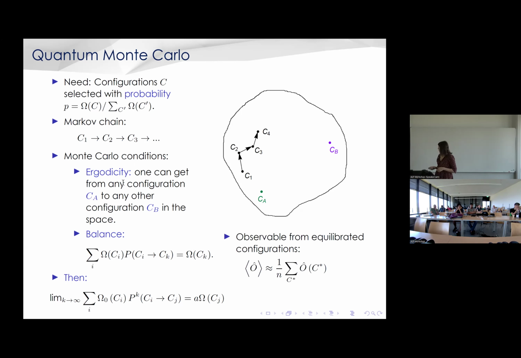And so then if we think about after they're equilibrated, we could represent these as, say, C star. And then you can compute the observable with these equilibrated configurations. And then if you just add up the observable and take this average, let's say for n of them, then basically through the central limit theorem, we actually will get the correct observable, and the precision of it will go as 1 over root n.